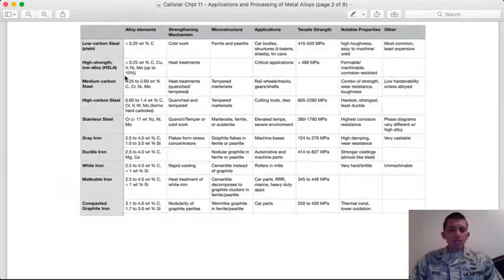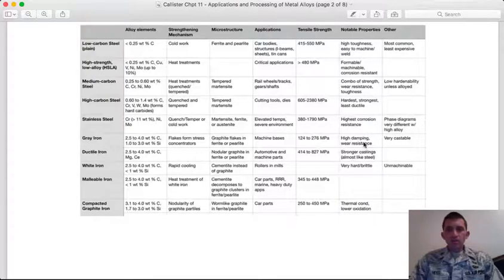And just like we saw with the steels, that the alloying elements have a large impact on the microstructure that forms, so is the case with the cast irons here. For the gray iron, we have a bit of silicon, which helps form these graphite flakes in a pearlite or ferrite matrix, and these flakes form stress concentrators, and so it's not particularly strong.